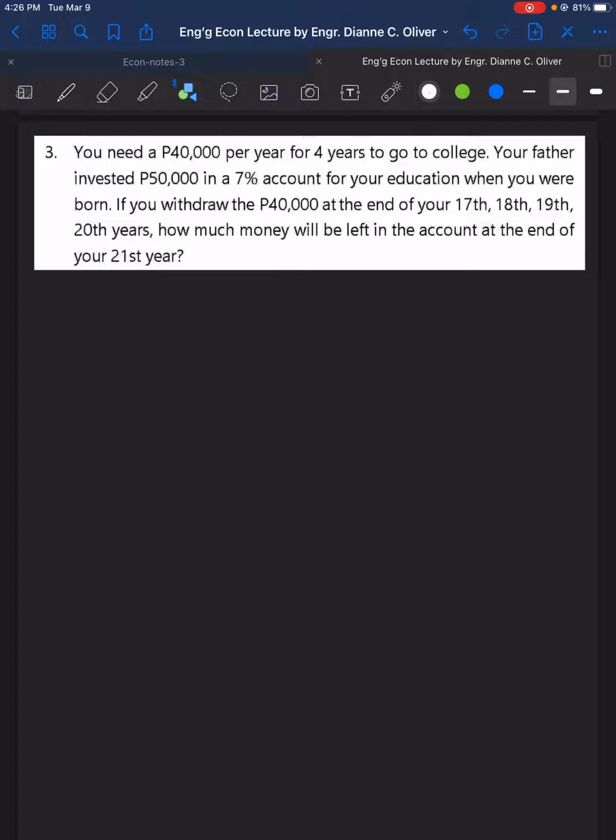Another withdrawal is made at the 18th. You withdraw again for the 19th and then for the 20th years. Then it's asking how much money will be left upon your graduation. So how much money is left for you to find a job at your 21st year? So let's draw the cash flow diagram for us to fully visualize what's happening.